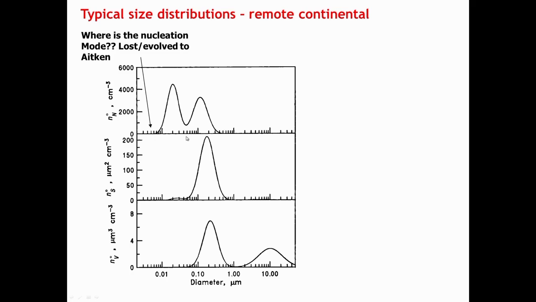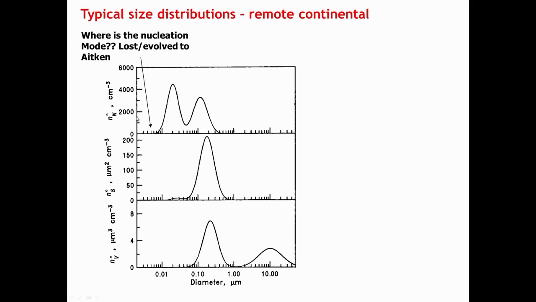So if you're in a very low polluted environment, then you don't have any gases to form the nucleation mode. It's not just sulfuric acid that forms it, but why is sulfuric acid particularly good at nucleating? Because of its very, very low vapor pressure. But you can also have very low vapor pressure organic compounds. But normally it's something like sulfuric acid.